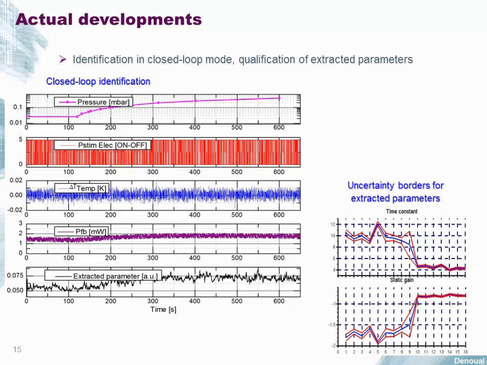So same kind of experiment going from low pressure to atmospheric pressure. And we are working on the uncertainty of the extracted parameters to be able to have that kind of graph to monitor really precisely the aging of the system and extraction of the thermal parameters.